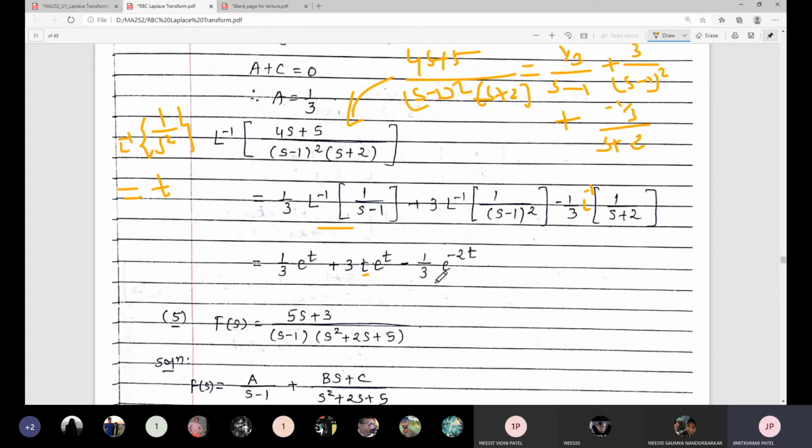Now minus 1 by 3, here 1 upon s plus 2 is there. Again use Laplace inverse of 1 upon s minus a is e raised to at. Here a is equal to minus 2. So we have minus 1 by 3 e raised to minus 2t. Okay, so this is the inverse Laplace transform of the given F of s.